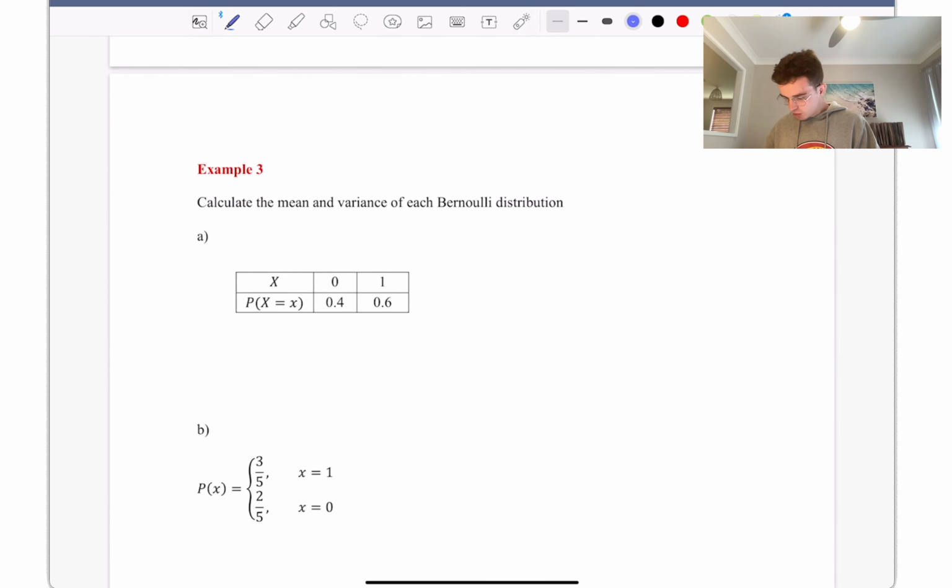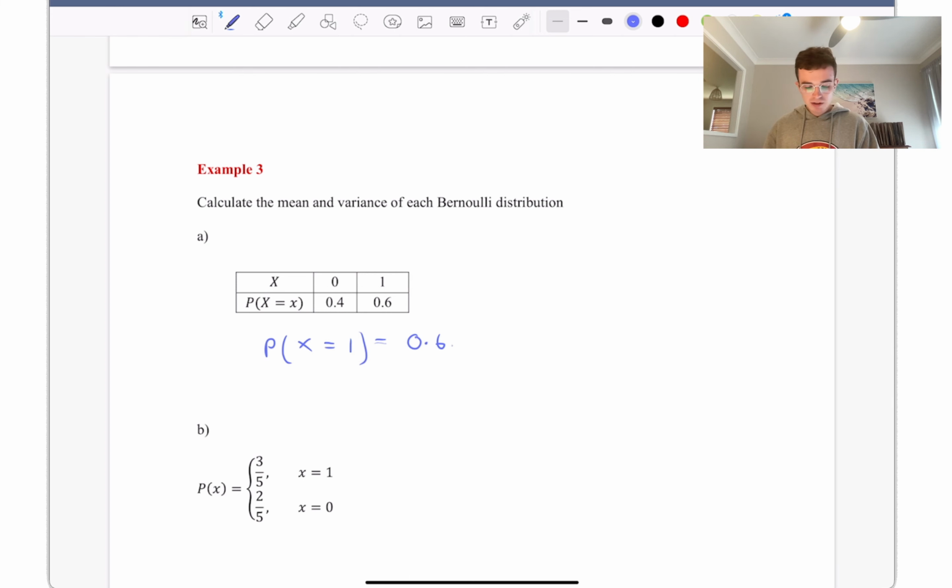So this next example, we're going to calculate the mean and variance of each of these Bernoulli distributions. We can tell that these are both Bernoulli distributions because I've got 2 outcomes, pass or fail, 0 or 1. So the mean, which is the expected value of x, is the expected value when this instance is true. So the expected value is a success. That's the expected value. So 0.6.